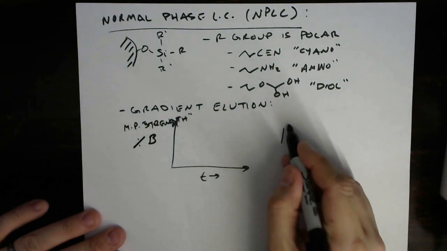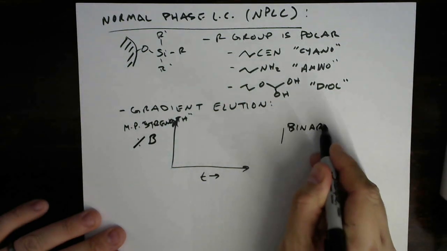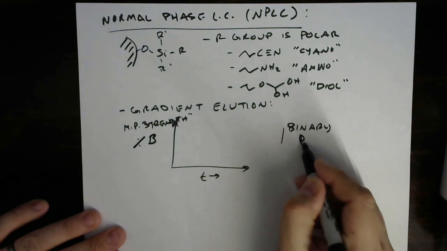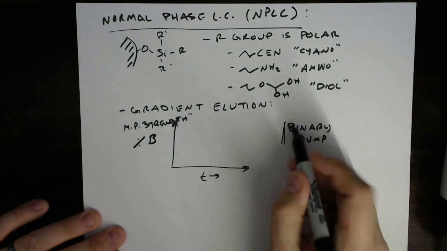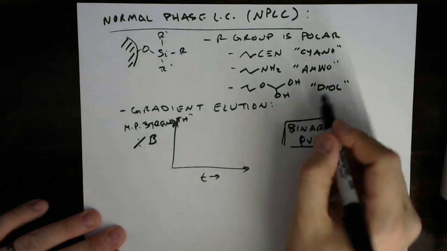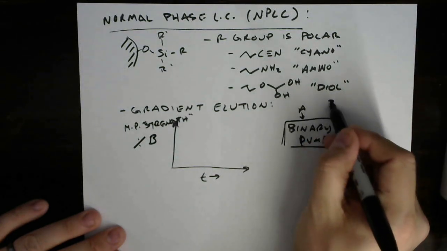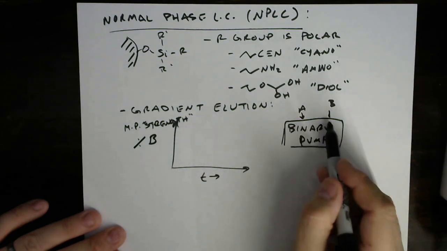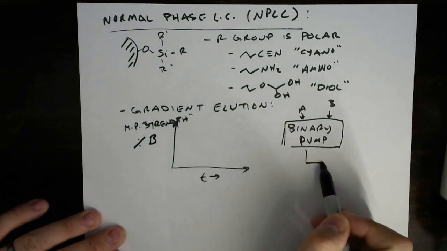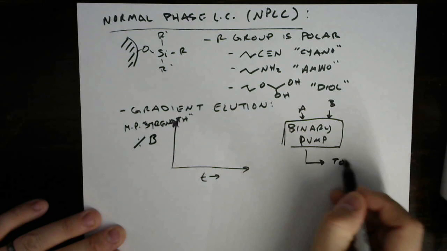If you had a binary pump that can pump two different solvents, it would have the option of taking in solvent A or solvent B and putting out some mixture of that to the column.